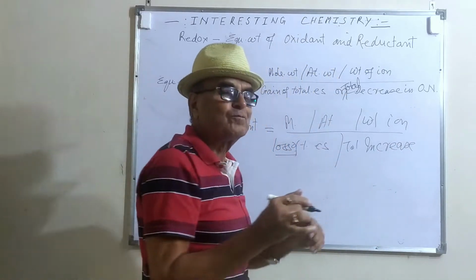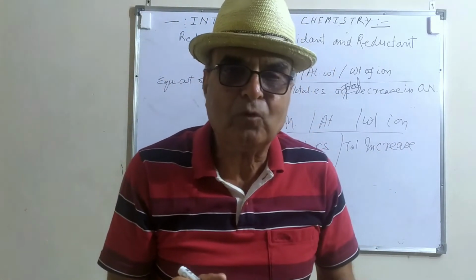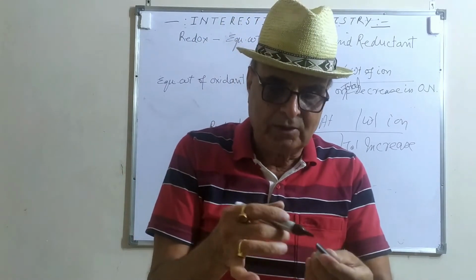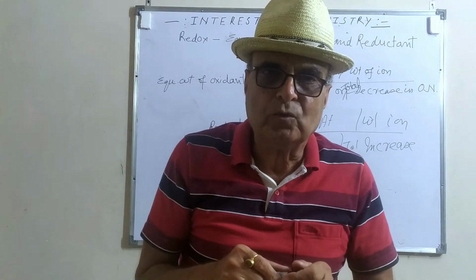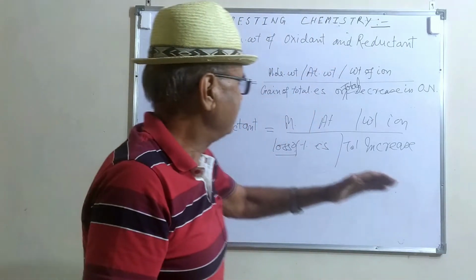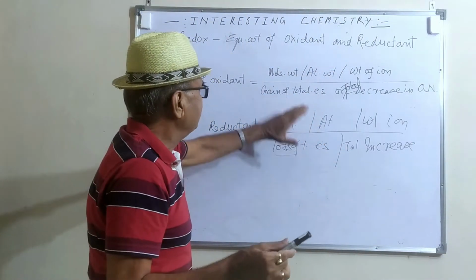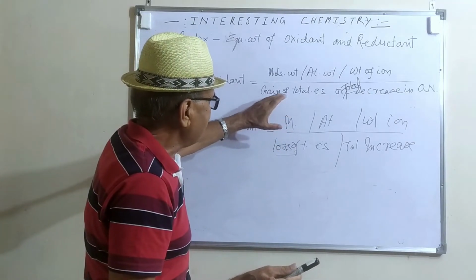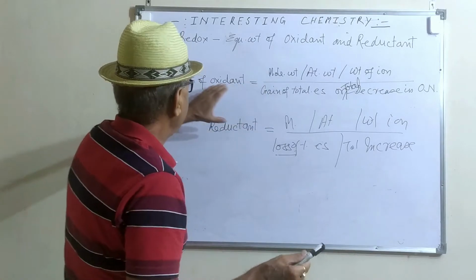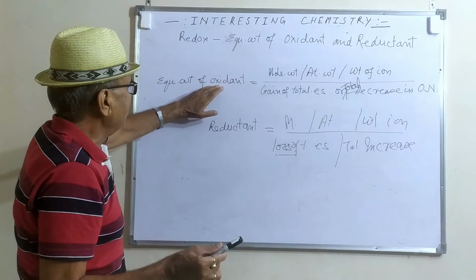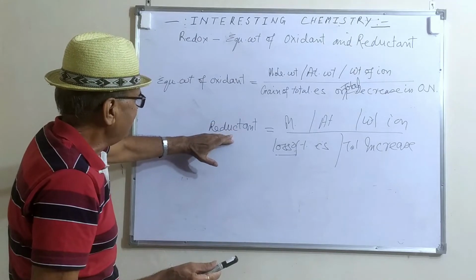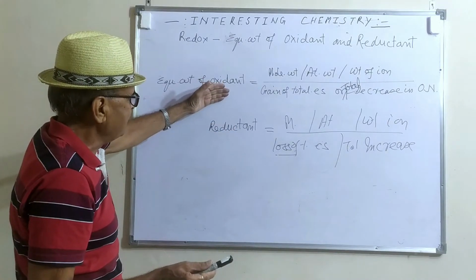I think you are following me and understand what I am going to tell you. Again, don't mind my handwriting, but please try to understand. The oxidant is just the opposite of the reductant, and the reductant is just the opposite of the oxidant.